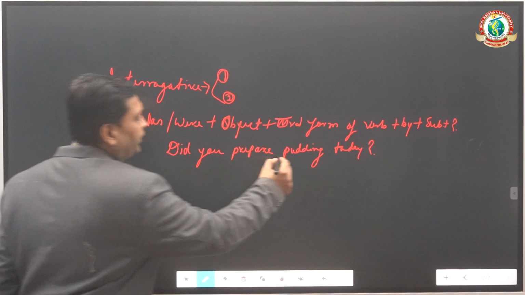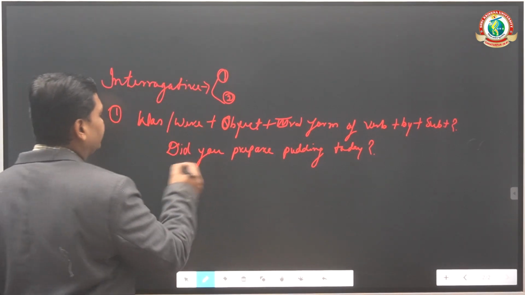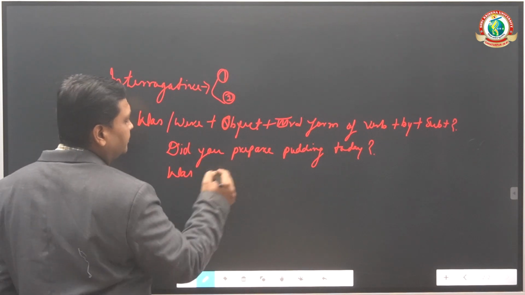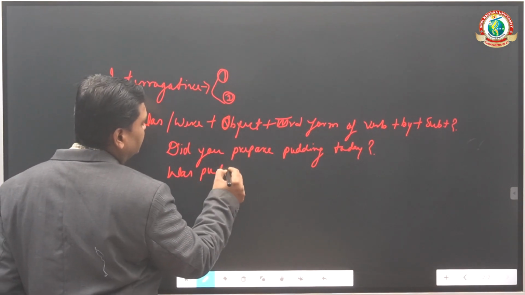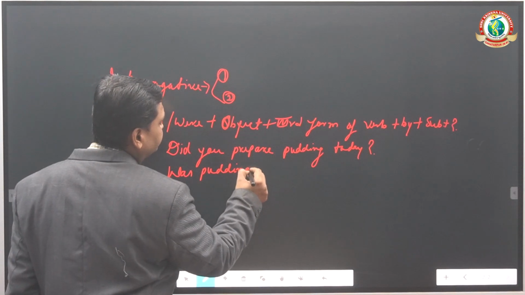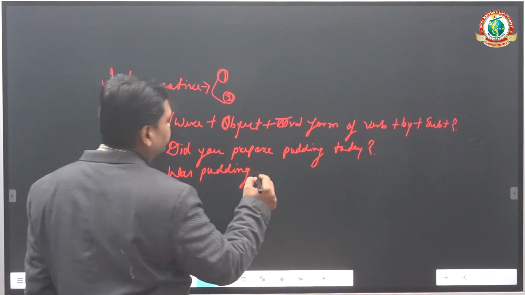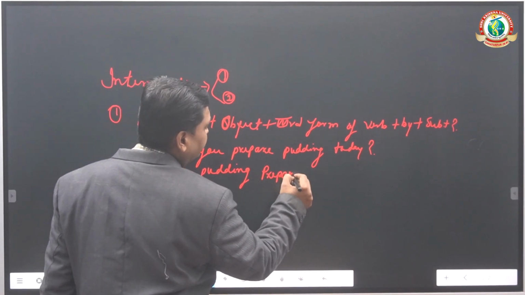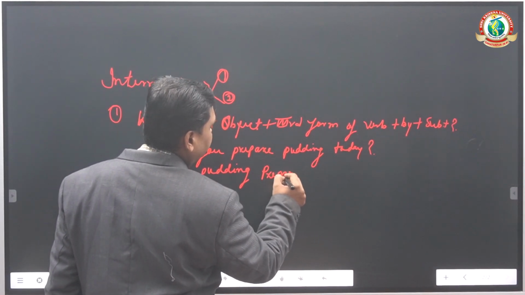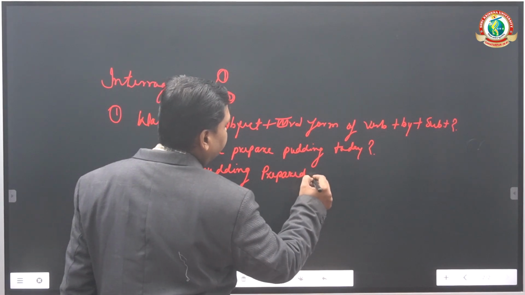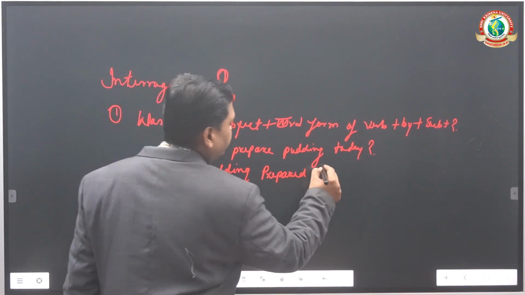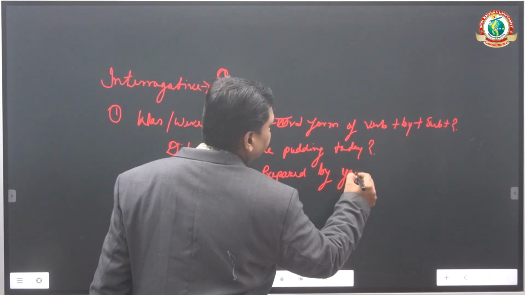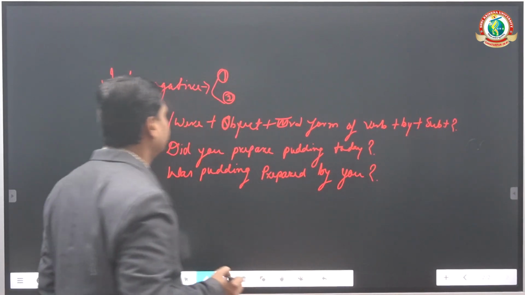Pudding is singular. So the object is pudding: was pudding prepared by you? And here is the question mark.